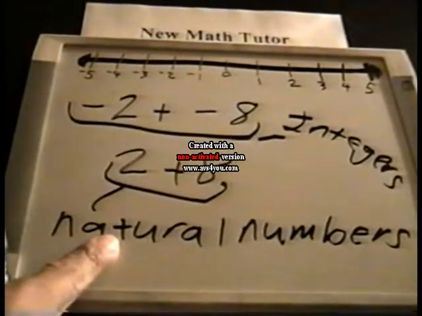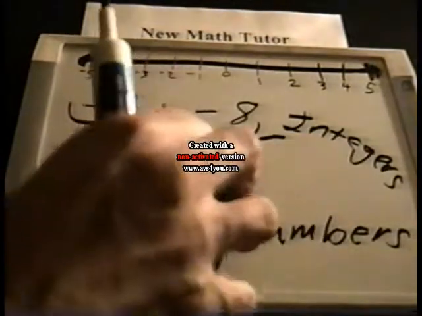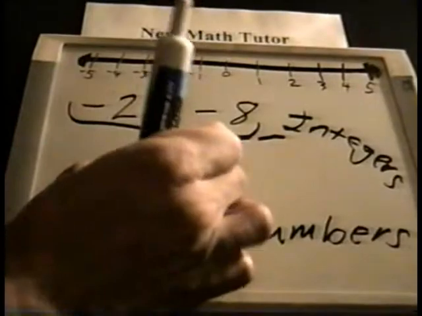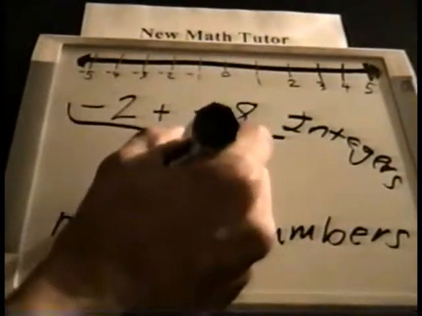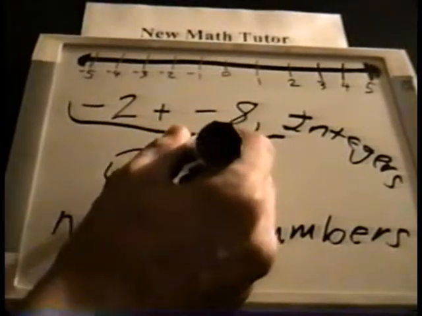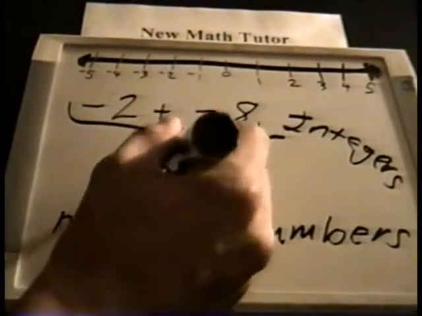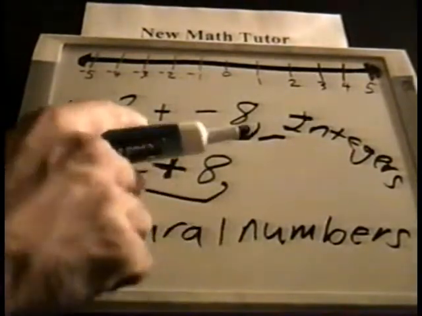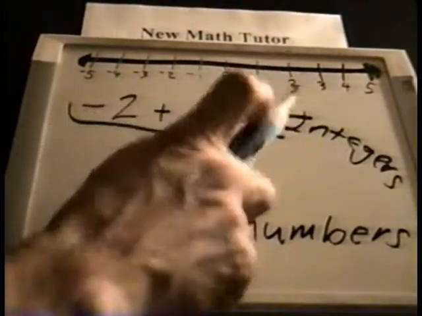These are called integers, or signed numbers, as opposed to natural numbers. See, with natural numbers you don't really deal with signs. You're just adding them together, which we use an addition symbol.